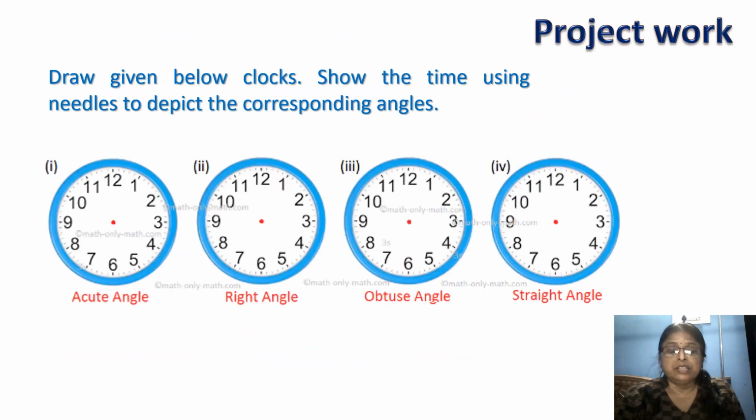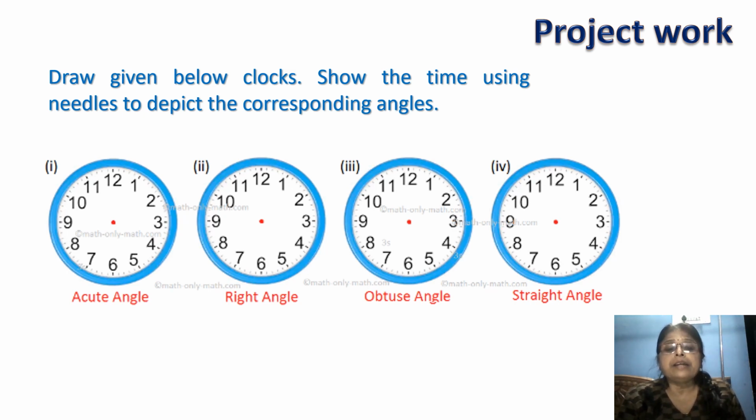Students, this is your project work. Draw the given clocks below. Show the time using needles. These clocks are without needles and you have to draw the needles in the following clocks. First, acute angle. You have to draw the needle in such a way that it shows an acute angle.